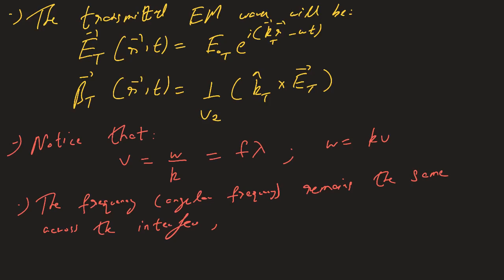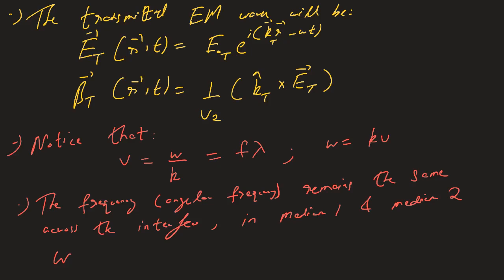So the frequency is the same in medium 1 and medium 2. The frequency is the same, but the refractive indices in general can be different. So the velocities can be different. So in general then, what we expect is that omega is a constant.